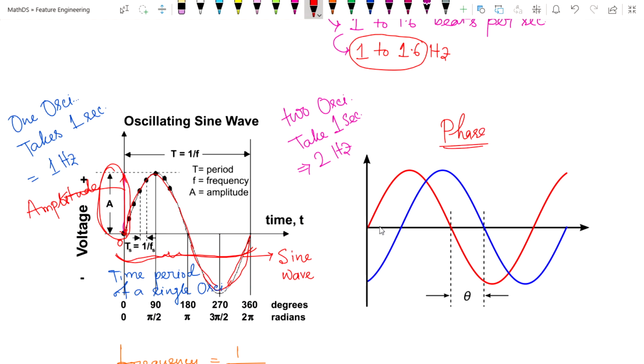Here we have two graphs, a red graph and a blue graph. The red graph is actually a sine graph. Its one oscillation is in this time interval.